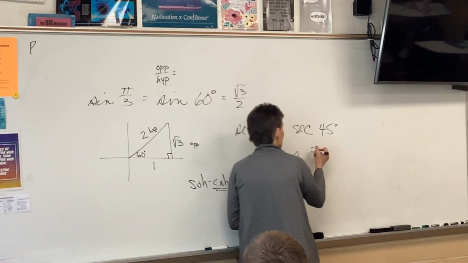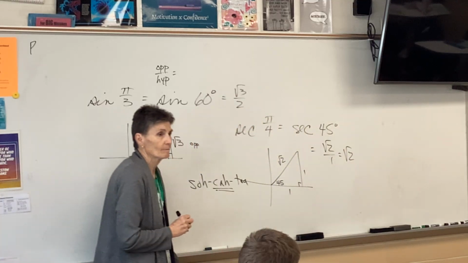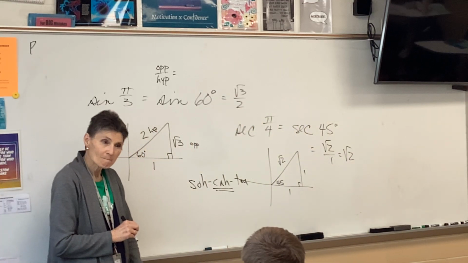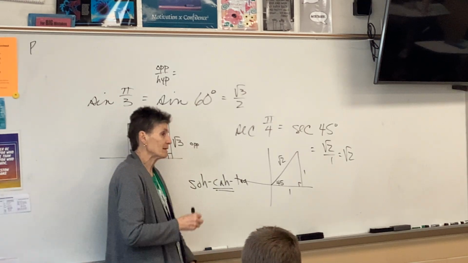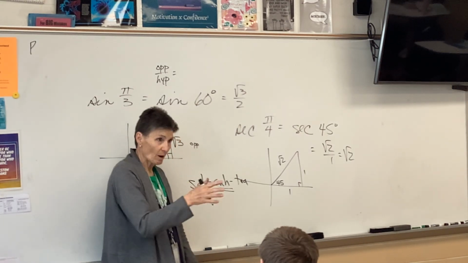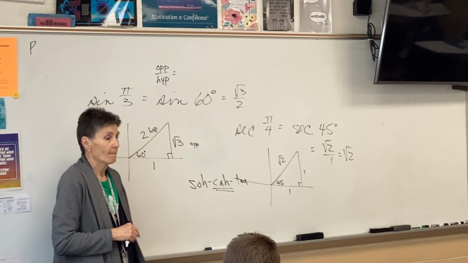So that will be root 2 over 1 or just root 2. Is it okay to think about it like you could just take cosine and just flip it? Oh, absolutely. I'd rather think about it as cosine, figure out what cosine is, and then turn it over. That's fine. Absolutely fine.